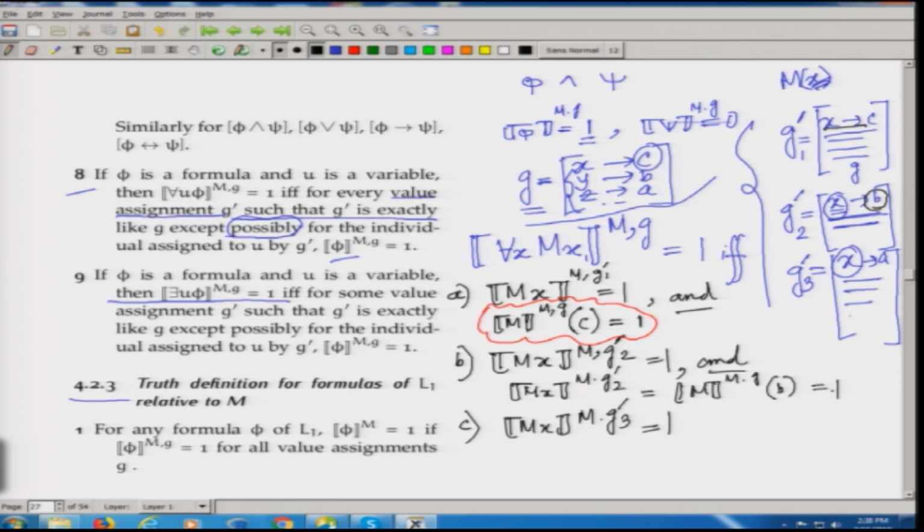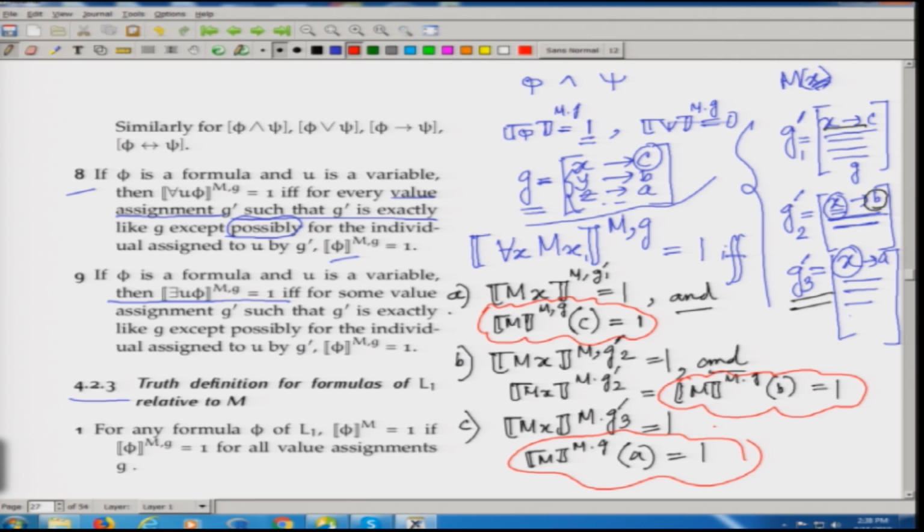Because of that, this is also 1. This is the second checking case, and the third checking case, m with respect to m g, gets a, this is g prime 3, this also is 1. Since all 3 conditions are fulfilled, the value of this is therefore 1.